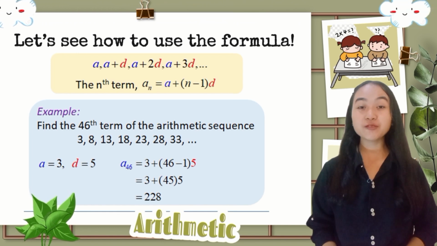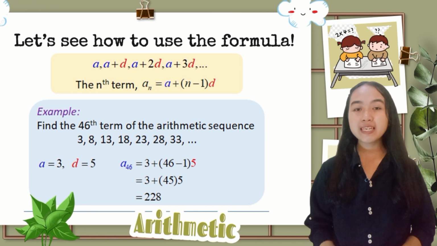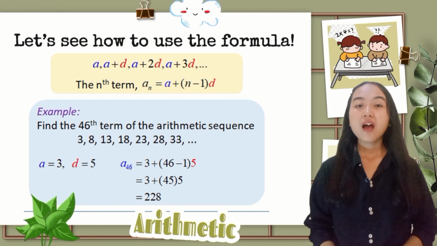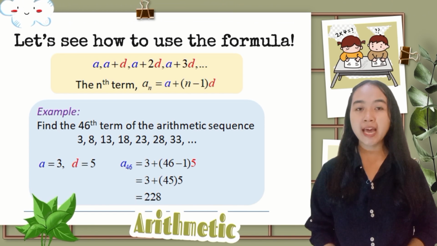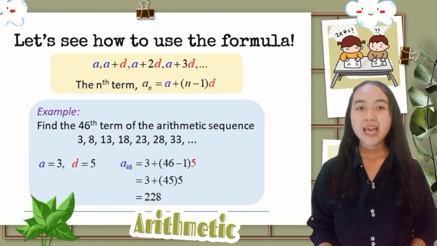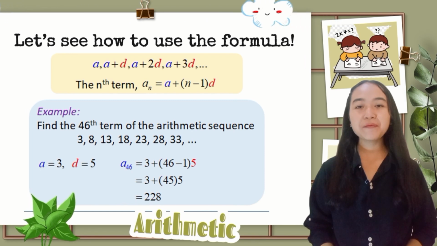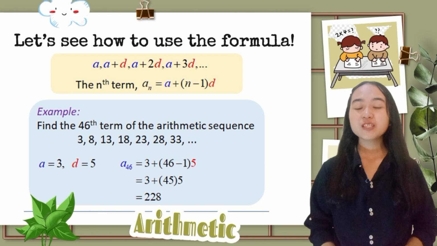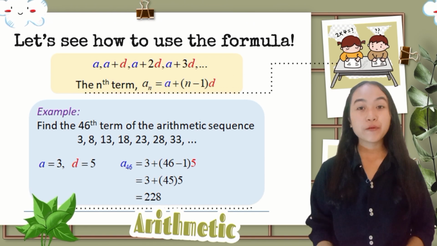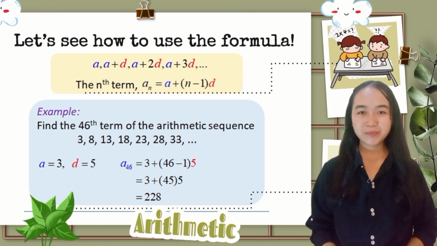So if we wanted to solve for the 46th term, all we would have to do is plug 46 in for n to get the following. And if we simplify this, we find out that the 46th term is equal to 228. We have found the answer.